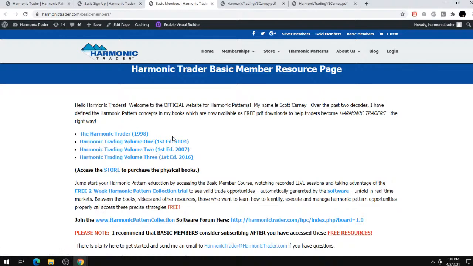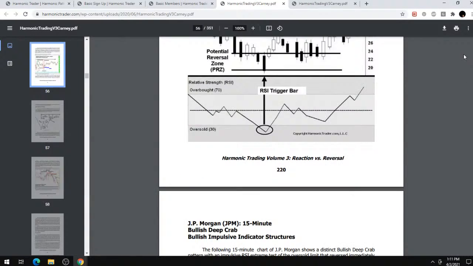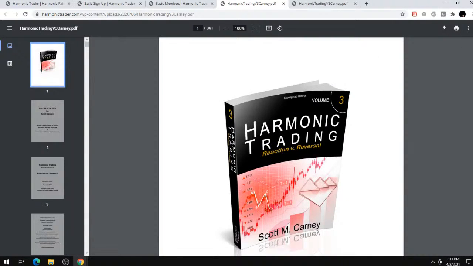If you want to purchase the physical books, they're available as well. But what I want to talk about today is what's outlined specifically in volume 3 that I released back in 2016. So if you click on that and open up the PDF, you'll see it's a red cover. Looks like that. That's what you want.